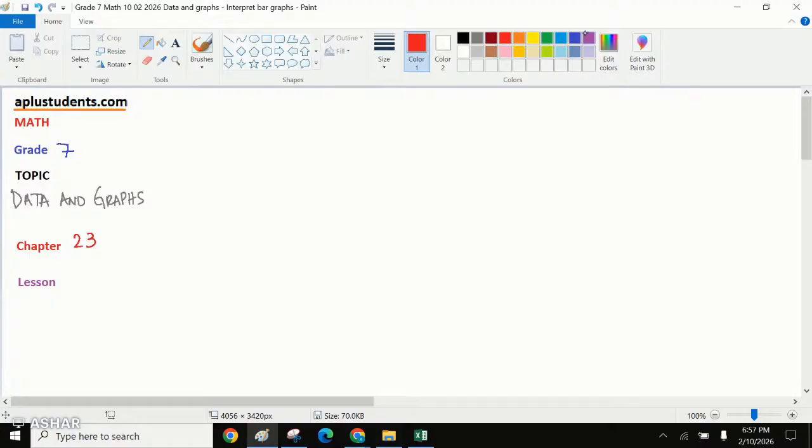The name of the lesson is Interpret Bar Graphs. So we will be looking at bar graphs today. Let's go to grade 7, chapter 23, lesson number 6.